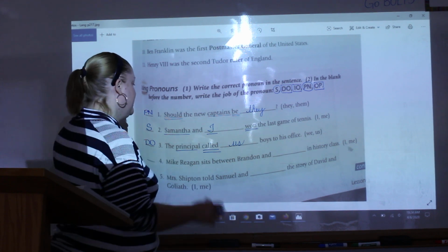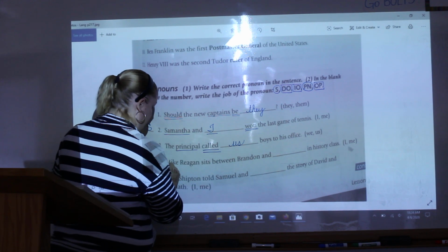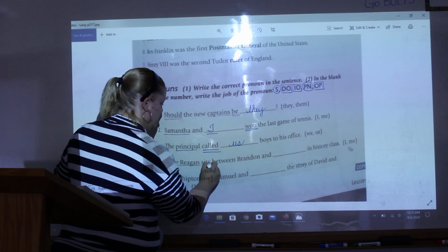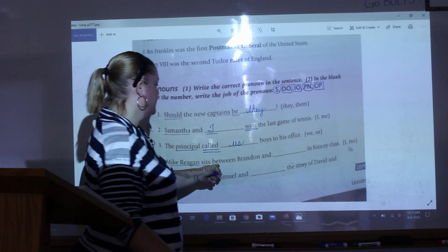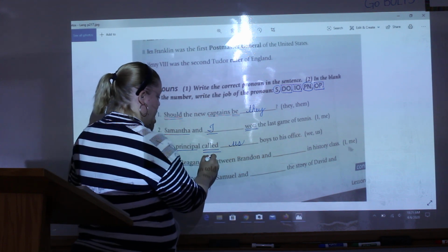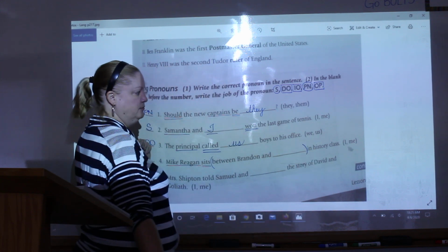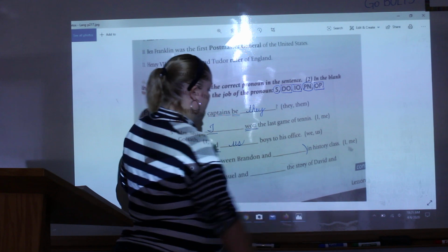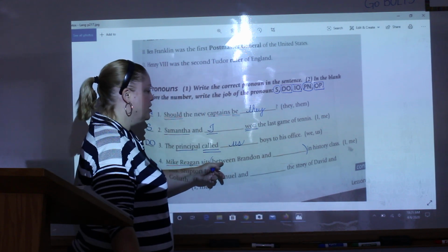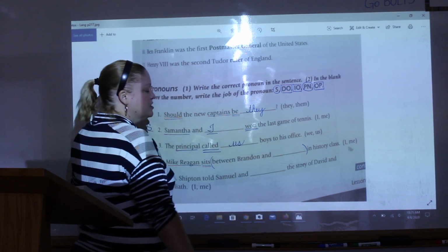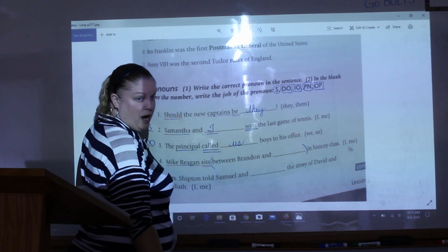All right, Mike Reagan sits between Brandon and I or me. Well, if you notice, we've got a prepositional phrase, right? Between Brandon, and then in history class is another prepositional phrase. So this is going to be an object of a preposition. We can recognize that. So it can't be a subjective or a nominative pronoun.